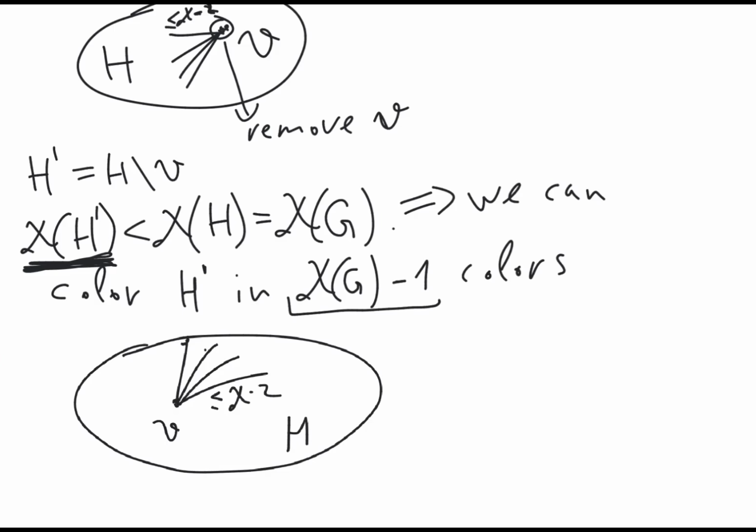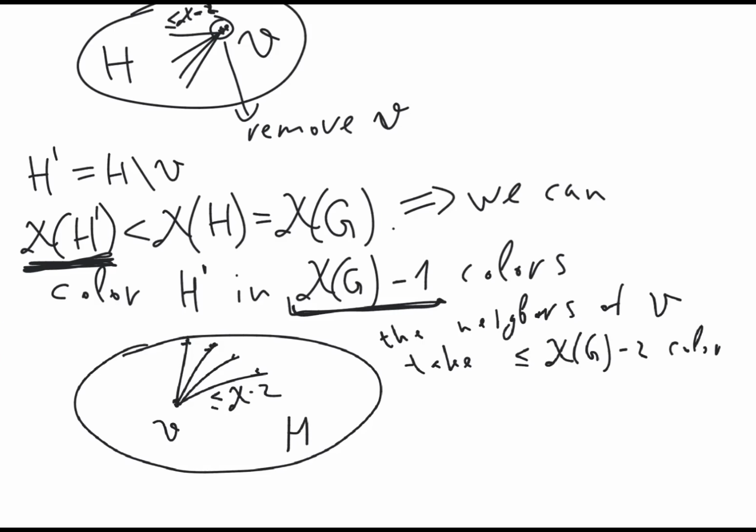Whatever colors they receive in this coloring with chi minus 1 colors, the neighbors of v take less or equal than chi of G minus 2 colors, because there are at most chi minus 2 vertices in total, and each of them takes at most one color.